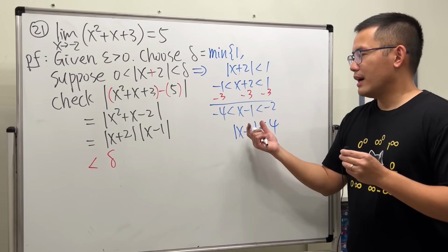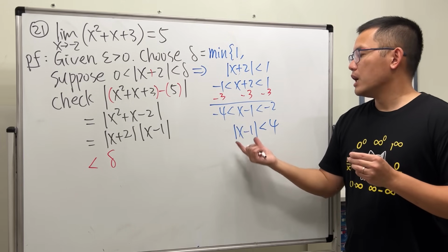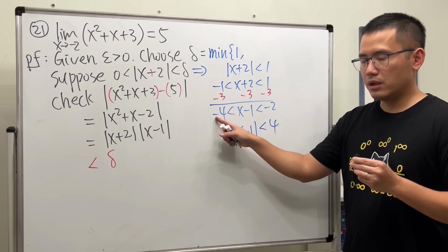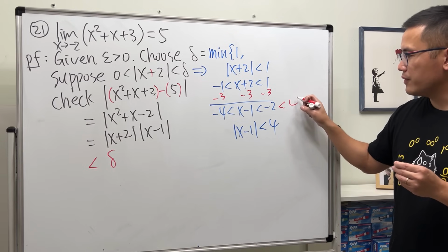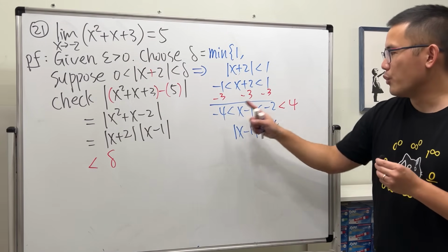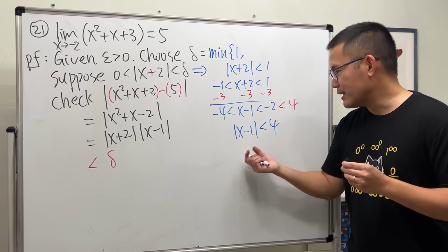I just realized I haven't shown you guys why this works. I'll show you guys now. When you apply the absolute value to this, you see this is 4. This is 2. Of course, I can say that's less than 4. Then if you look at this, it's in between of -4 and 4. So I can say the absolute value of x minus 1 is less than 4.